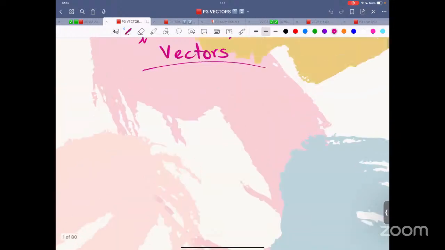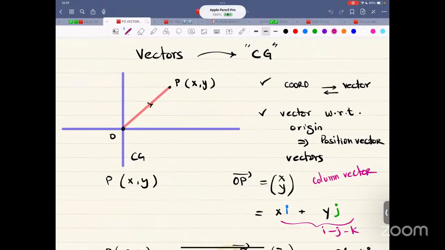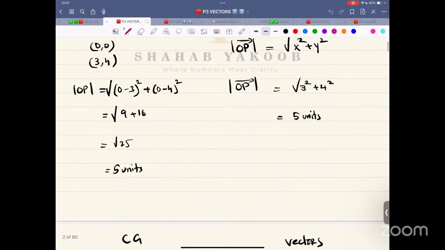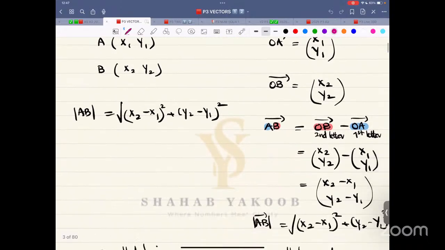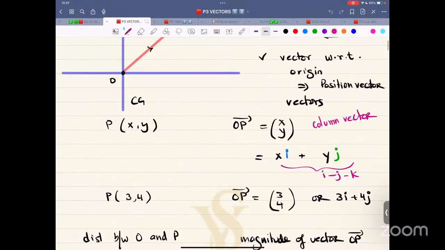Now when we talk about vectors, first of all, we need to understand that vectors are linked with coordinate geometry. The column vectors, magnitude, maybe sometimes the angle, Pythagoras theorem, everything. So we know this. Let me just start from here.